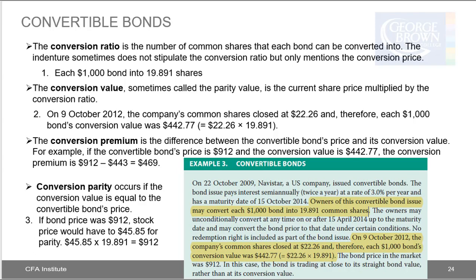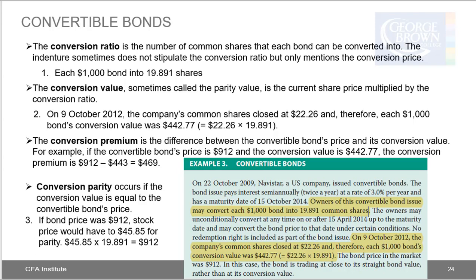You can see it says that on 9th of October 2012, the company's common shares closed at $22.26. Therefore, each $1,000 bond's conversion value was $442.77. That's the $22.26 times the 19.891 shares.